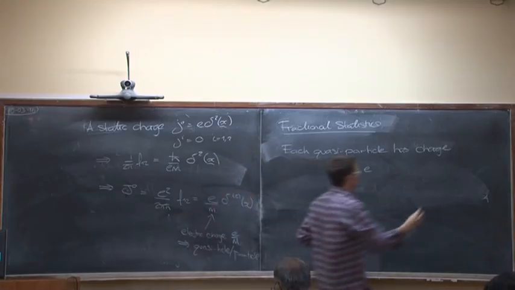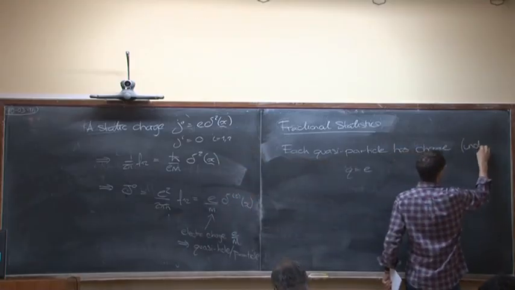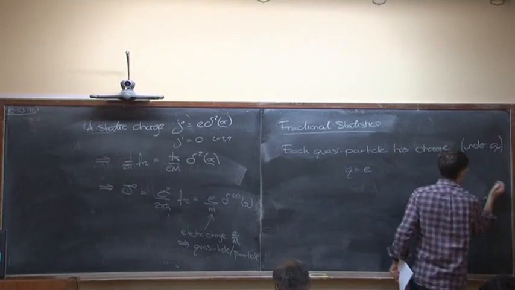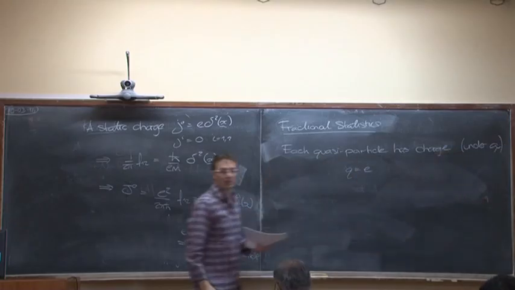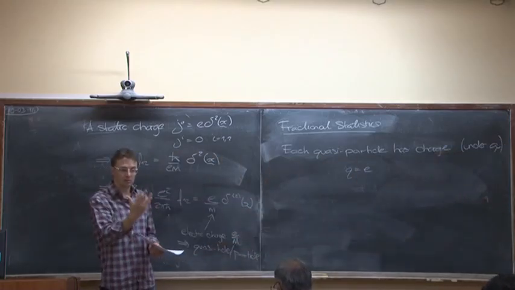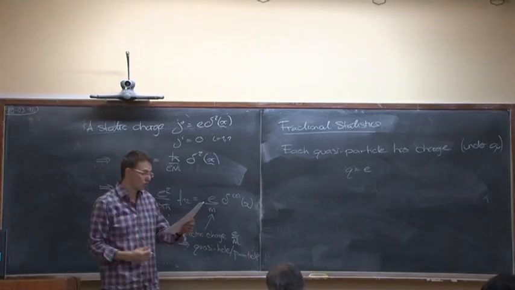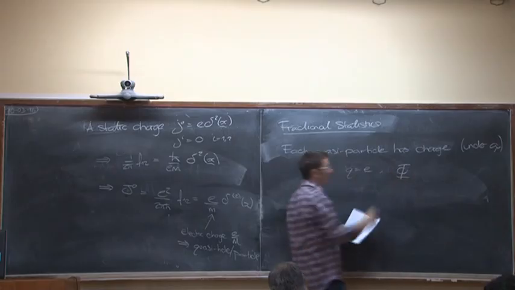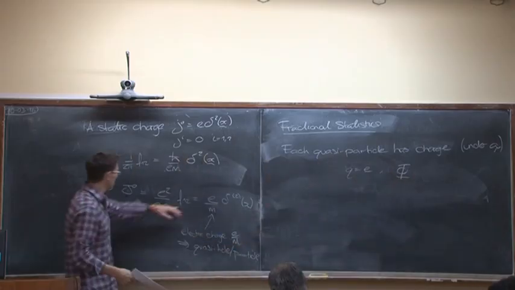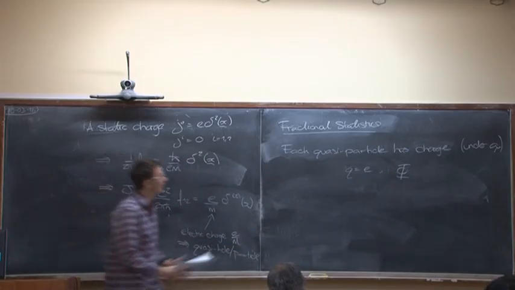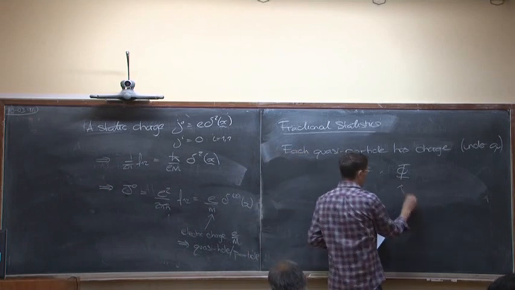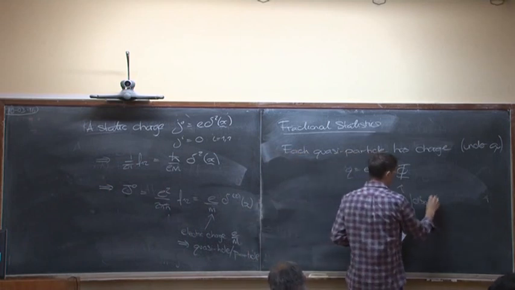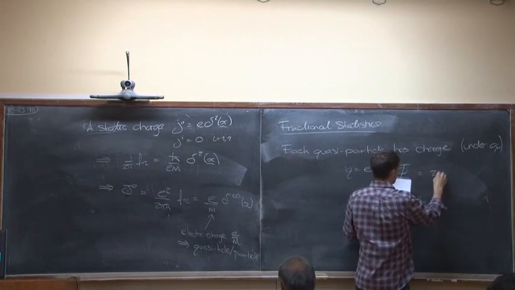This is all under little a. Little a nu is the dynamical degree of freedom that will respond if you put these charges in. And flux. So capital phi is a flux. It's going to be the integral of f12 over the plane.